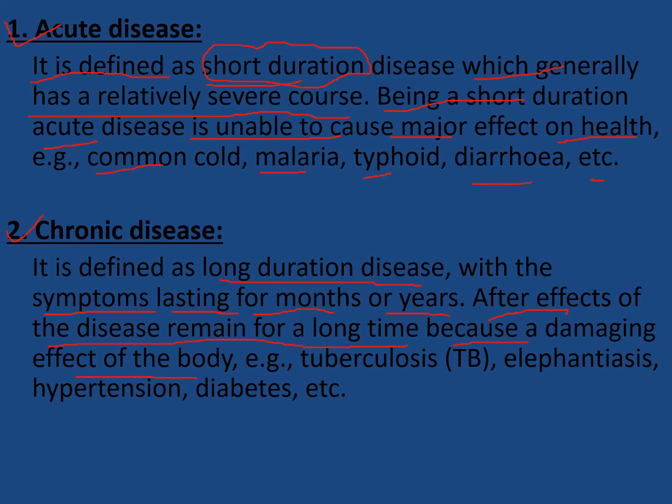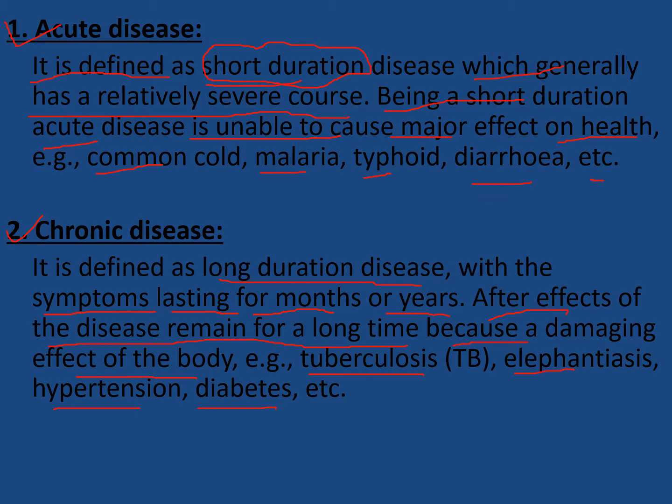Examples are tuberculosis, elephantiasis, hypertension, diabetes. These are some of the examples of chronic disease. This type of disease cannot be cured in a very short period of time. It will take months, that is 5 to 6 months, or more than 2 to 3 years.